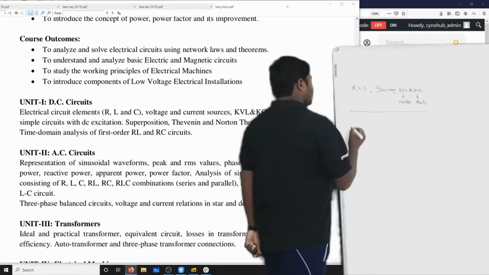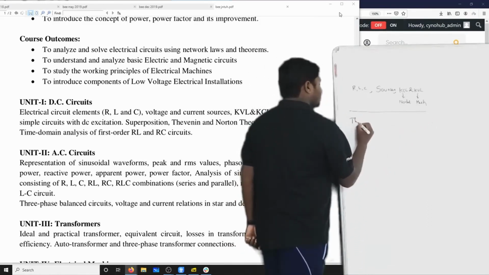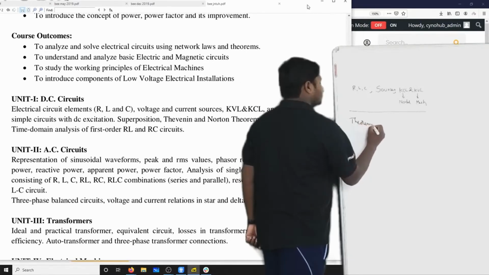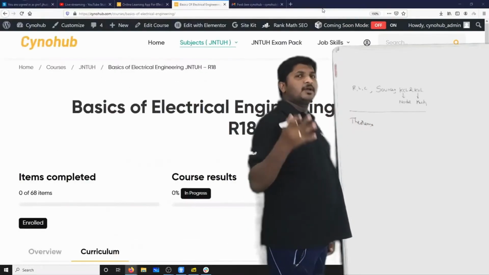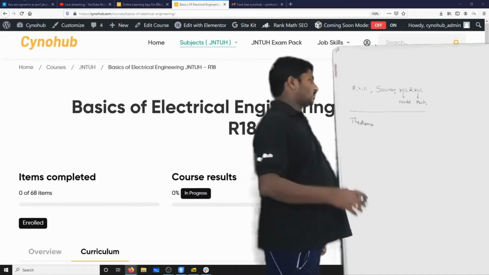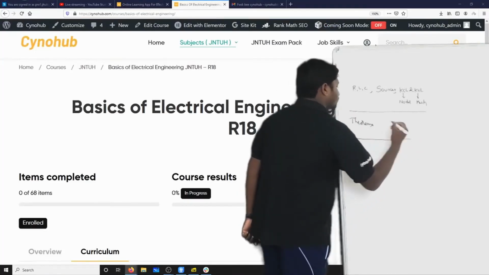For part 2, I will take all the theorems. You have 3 theorems: Thevenin's theorem, Norton's theorem and the superposition theorem. This is part 2.